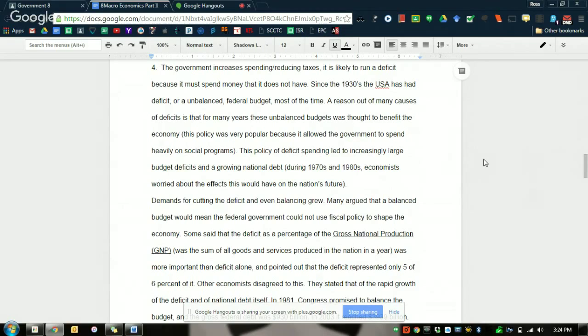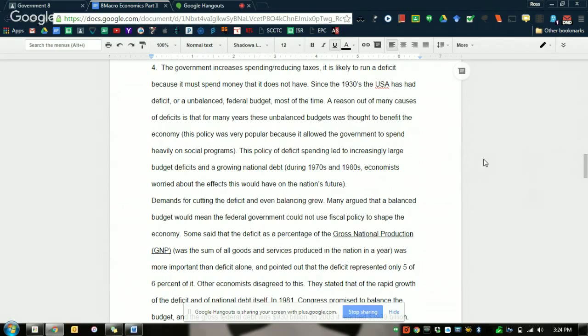So spending a good deal of money can usually lead to a deficit, and we know that deficits lead to national debt. So these increasingly large deficits, and the increasing number of deficits, were adding a significant amount of money to our national debt.